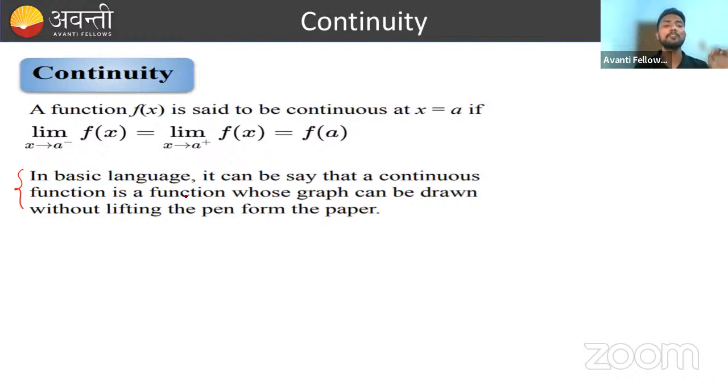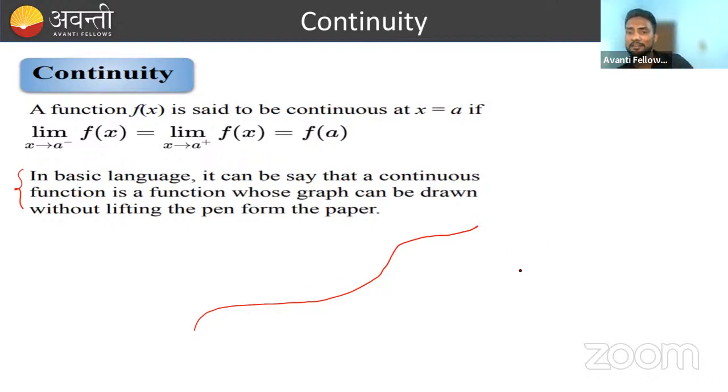Suppose I have a pen tab and I am drawing the graph of any random function. I am not lifting my pen, so wherever it goes, it will be continuous everywhere. It is continuous because we have not lifted the pen from the paper.